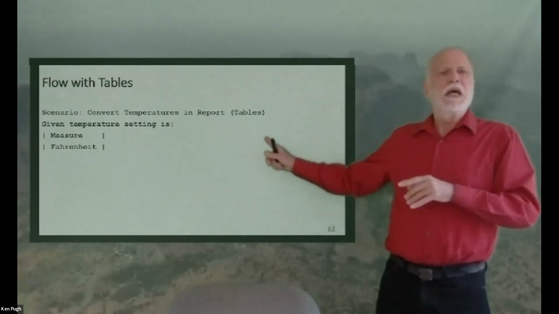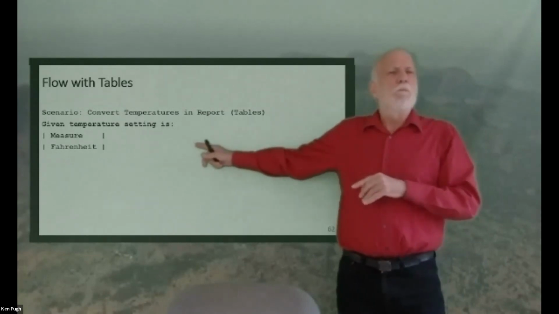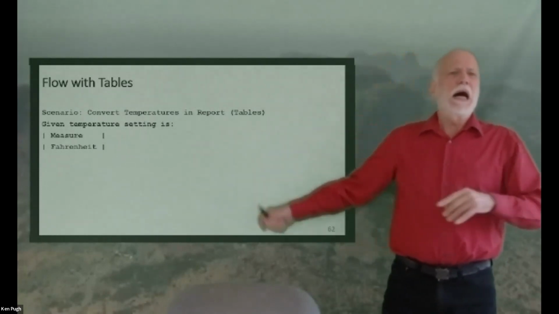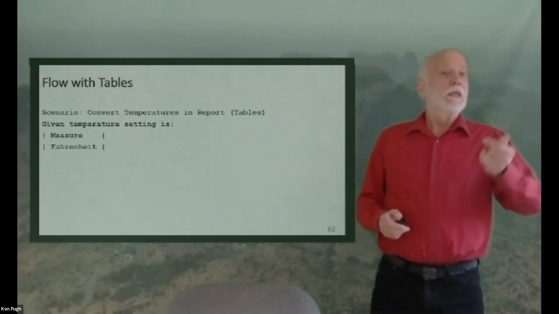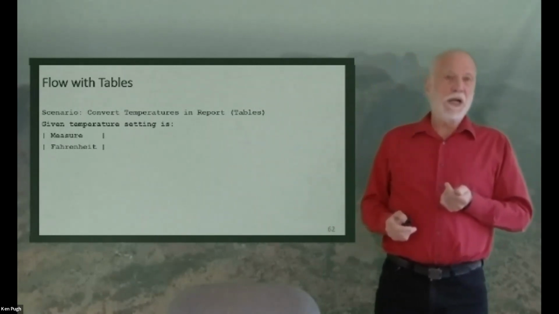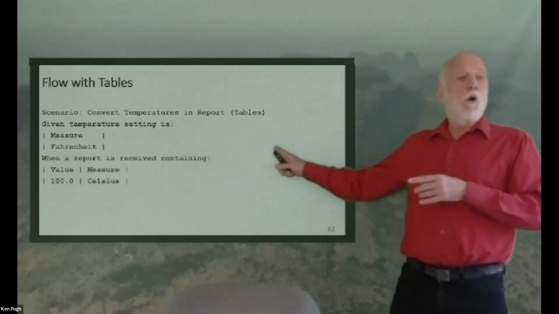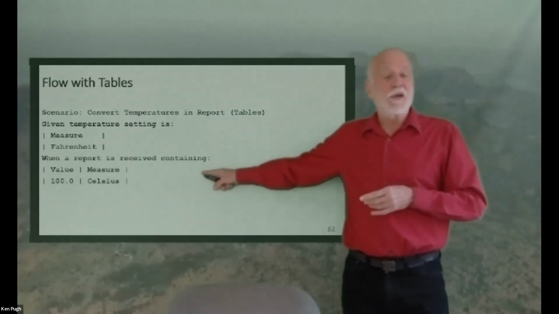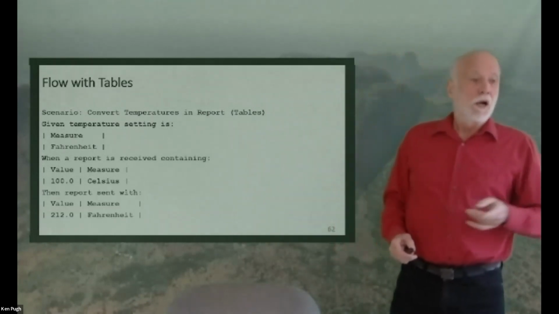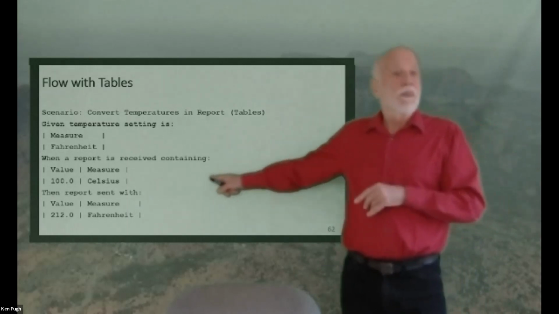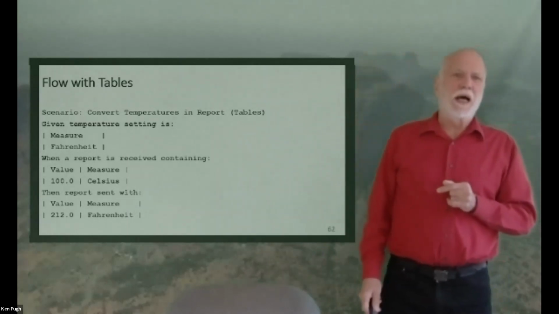but we could instead use tables, step-def tables that then start to talk about the domain terms, i.e., we talk about a domain term measure, and we call it Fahrenheit or Celsius. Then when a report is received containing some value that's in the measure of Celsius, we convert it to a value 212 with a measure in Fahrenheit.